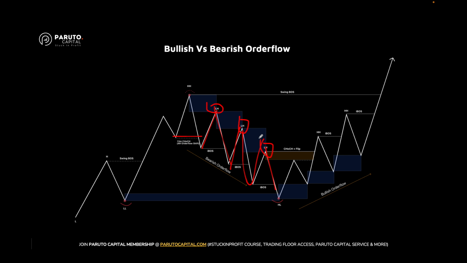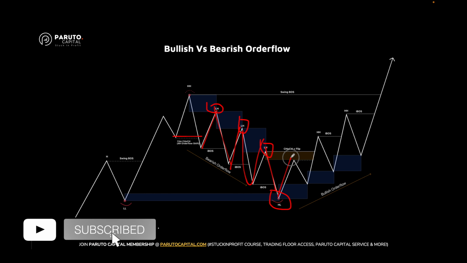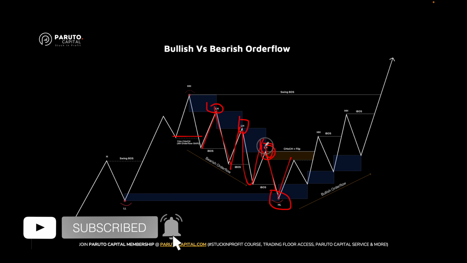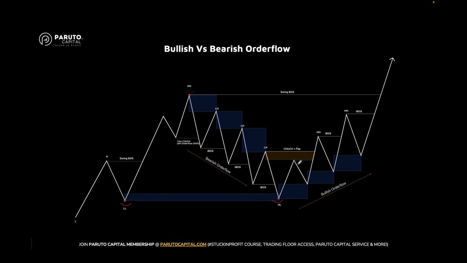So this is a bearish internal order flow, of course, and then it comes into this zone, respects our zone, pulls back up, and does not take out this high just yet. Then you have a little pullback, still respecting the zone, and then it broke structure here. That was a change of character, right? So this is a CHoCH and a flip.